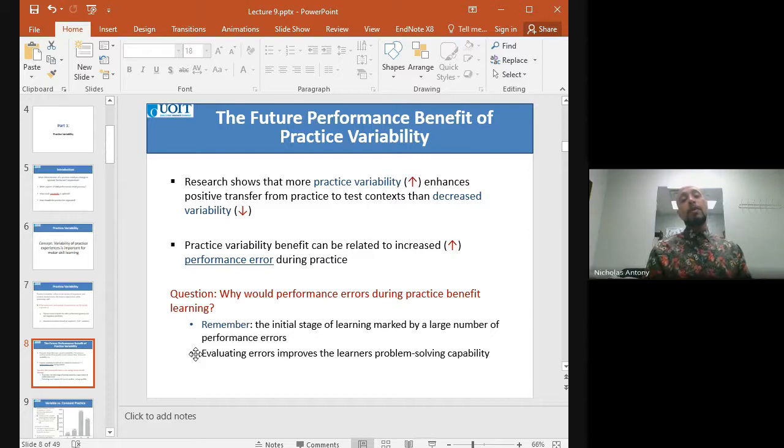And so remember, the take-home point of practice variability is that by introducing variability, it introduces more error, right? So if you're adding variations of this skill, then the learner has to trial and error different things, and it's going to lead them to have a better understanding of their body and the movement and how to complete that skill.